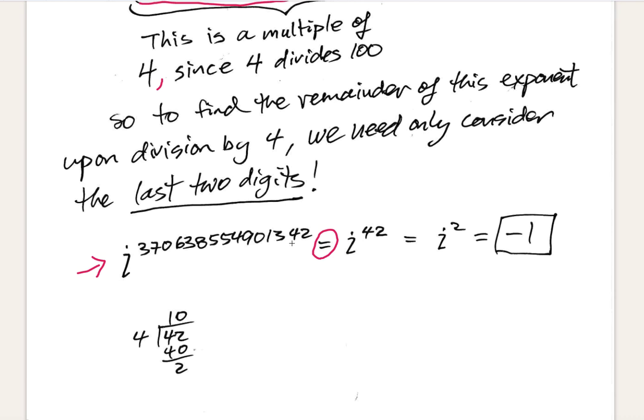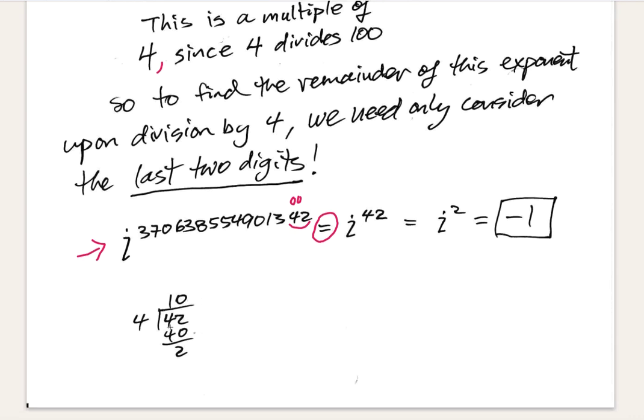Just pick off the last 2 digits there, because there'd be zeros there for the other part, and that would be divisible by 100, or by 4, because it's a multiple of 100. So that's i to the 42, and then let's do that calculation with 42. That goes in 10 times. The remainder is 2, so this is the same as i squared. i squared is -1. Bam, we got it.